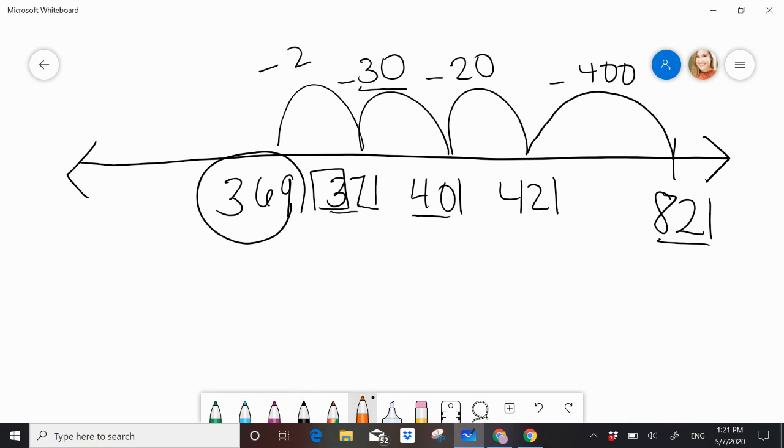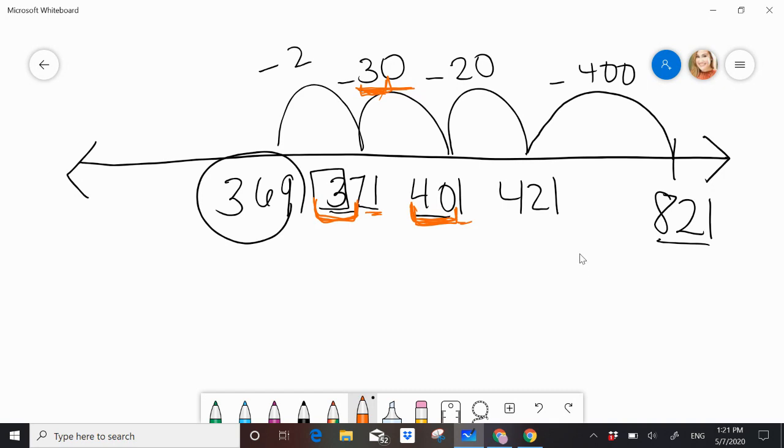Notice how, to make it easier for myself, when I had to subtract and I knew I was going into a different hundreds place, I broke apart and I looked just at the hundreds and the tens, and I said 40 minus 3 equals 37, and I kept the ones place the same.